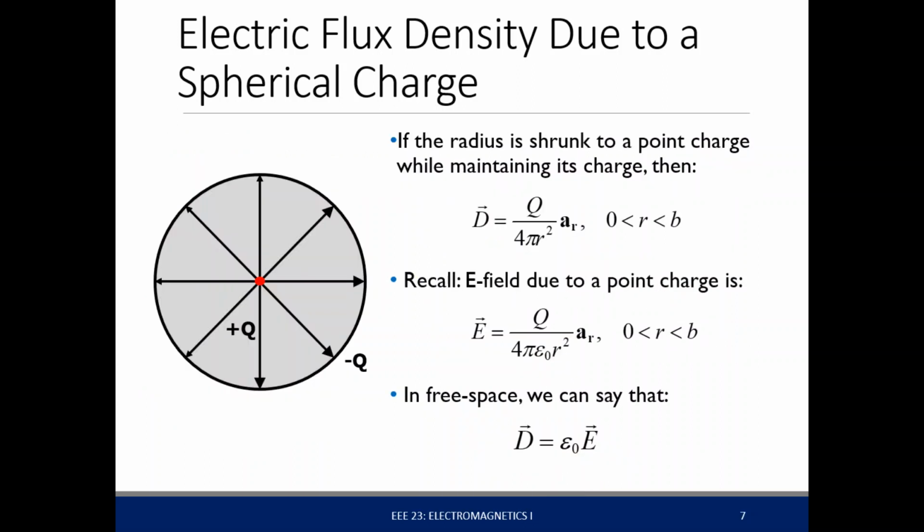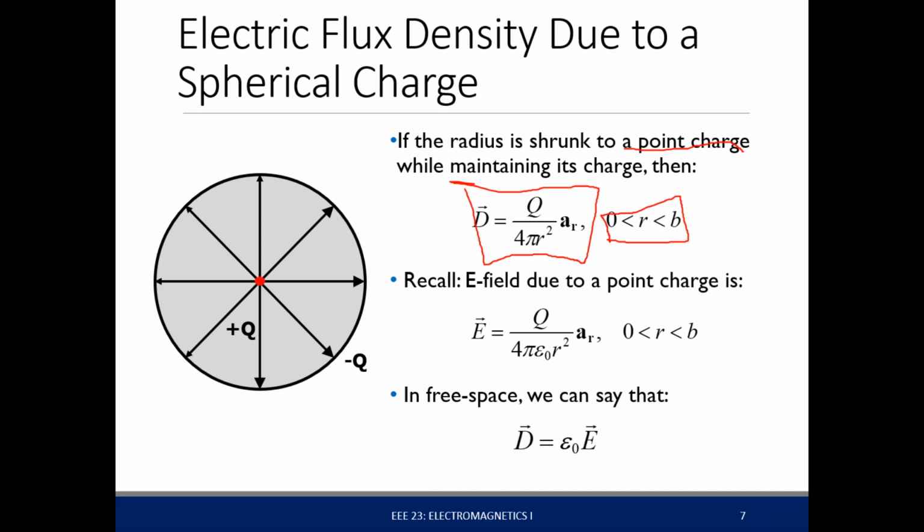So if we shrink the inner sphere to a very small radius, it means it's now a point charge. Then the electric flux density is equal to this, and a would just be 0. So it's actually true at this range.